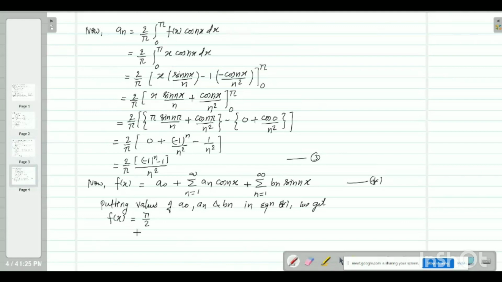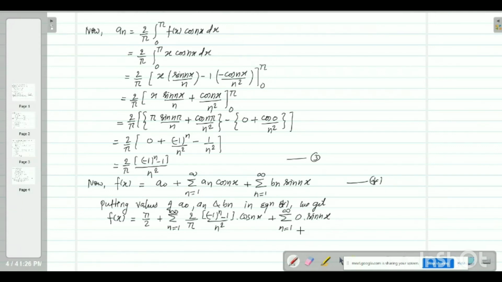Okay. Now plus an, sum running from n equal to 1 to infinity, an we obtained 2 by pi, minus 1 raised to n minus 1 by n square, and into cos nx, plus bn is 0, summation running from 1 to infinity, bn is 0, sin nx.